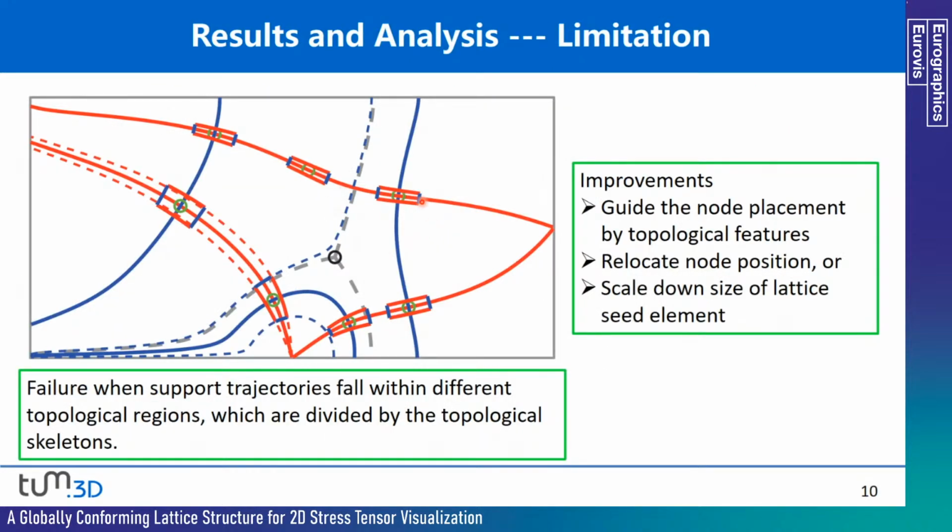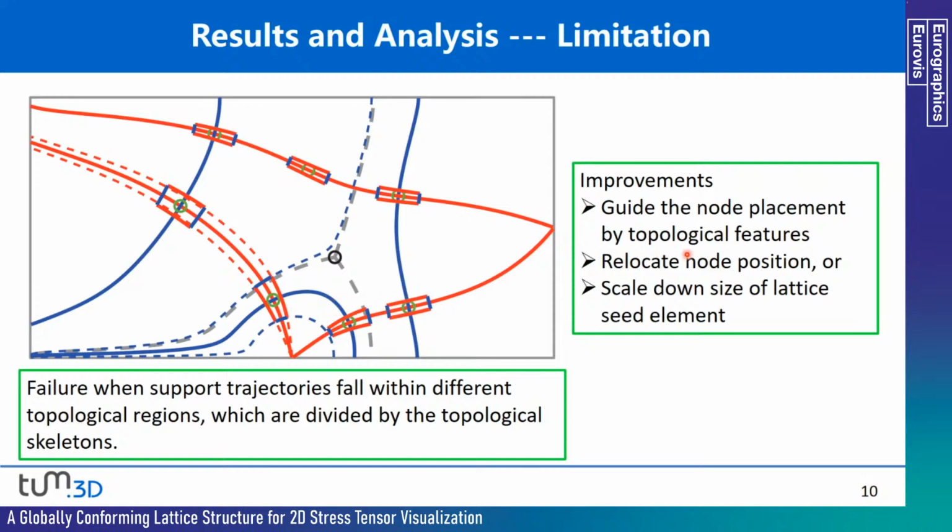It's worth pointing out that there is a limitation in our method. It would fail when a set of support trajectories fall within different topological regions, which are divided by the topological skeletons. Just like this image shows, where the gray dotted lines are the topological skeletons along the minor principal direction.